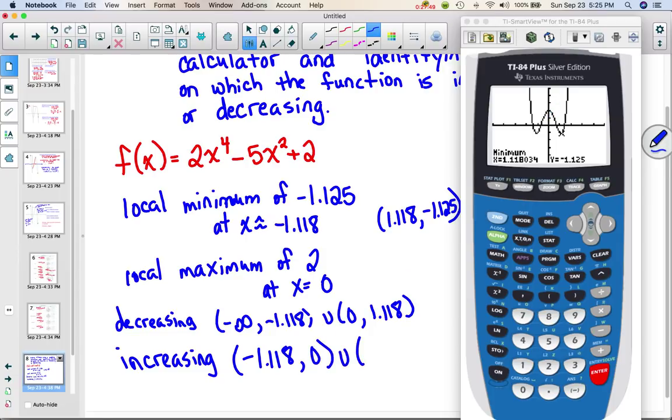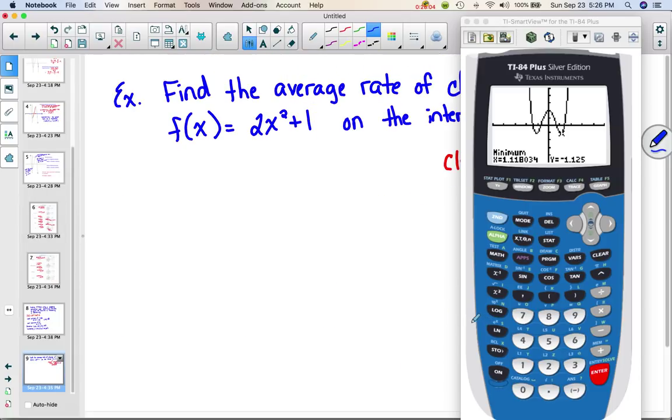And then it was increasing again from this x value, which was 1.118, and it increases indefinitely after that. So that would be my increasing interval. So that's how you do those. Let me put this away now.